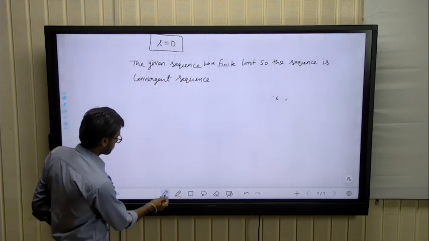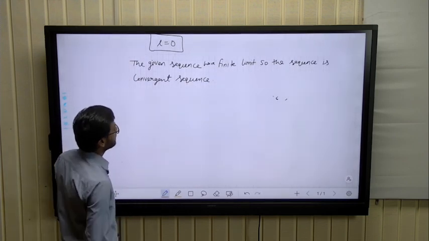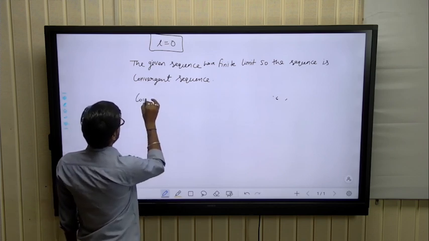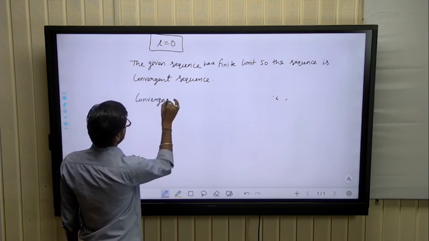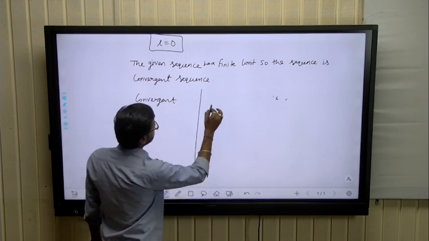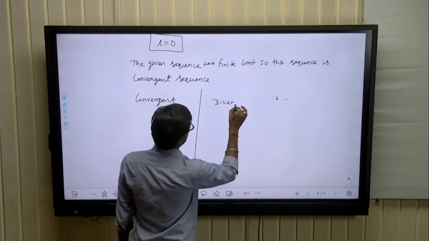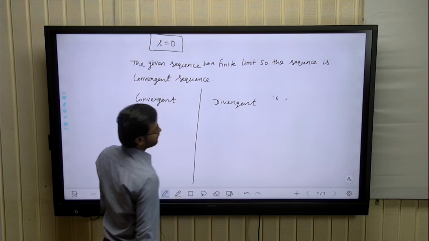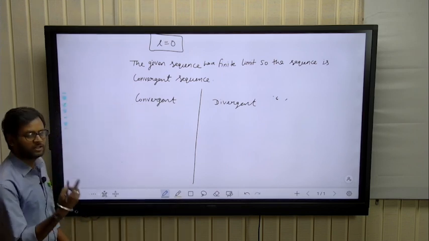See what I say: here you write convergent and here you write divergent. What is the difference between convergent and divergent? There is only a single difference.